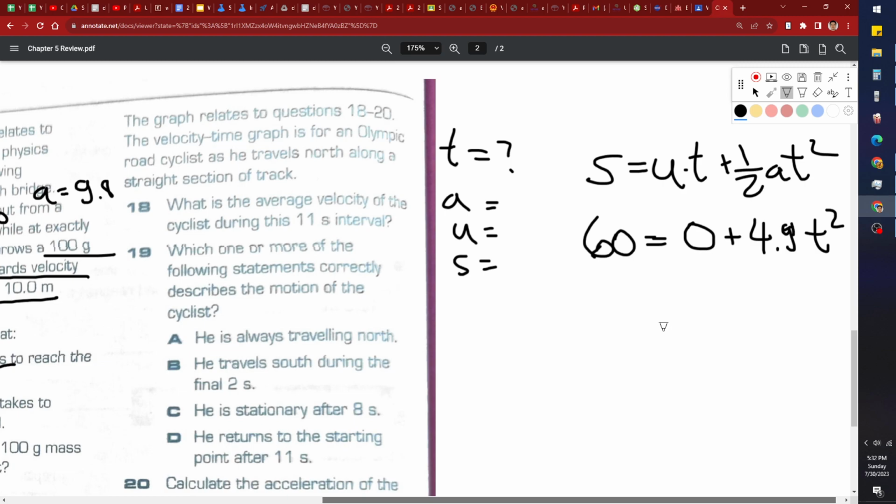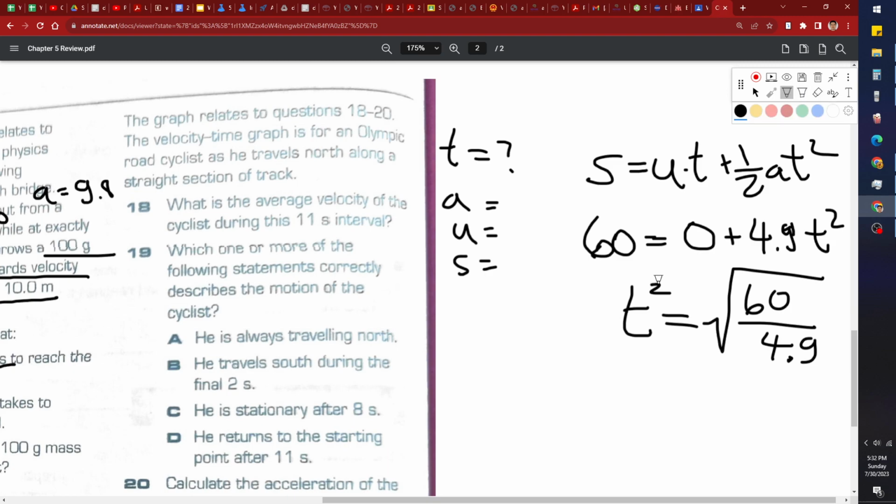So there it is. If we isolate for t, it's t squared equals 60 divided by 4.9. And then to find t, well, we just take the square root of this, and so we don't need that there anymore. Okay?